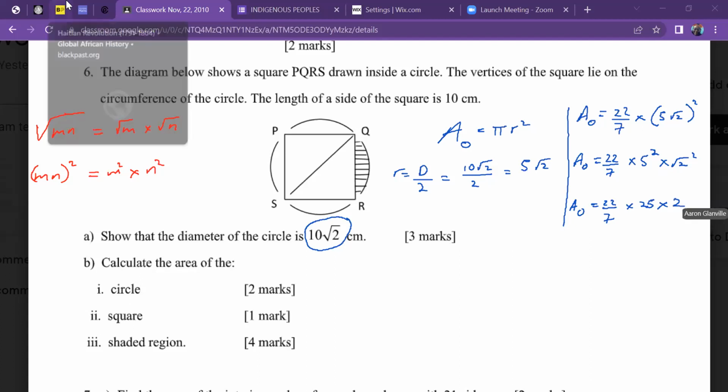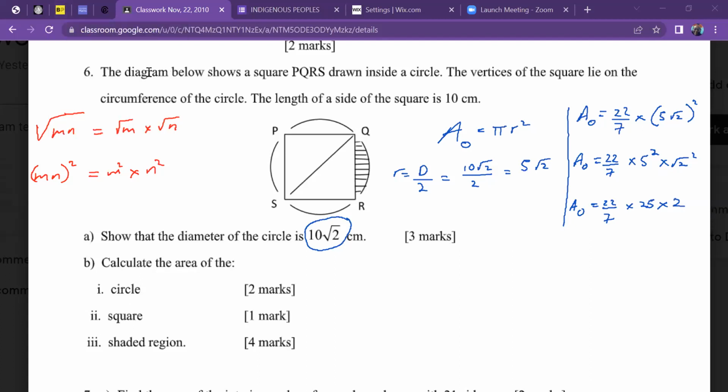Because the square root cancels out square. So area of circle is equal to 22 times 50 divided by 7.